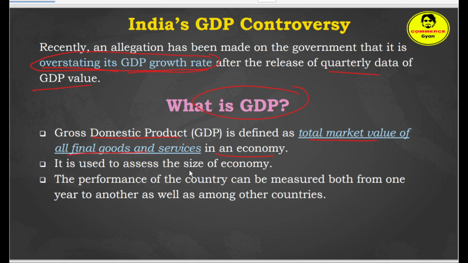It is used to assess the size of an economy. Thus the performance of a country can be measured both from one year to another as well as among countries, right? So it is used to check the performance of a country.